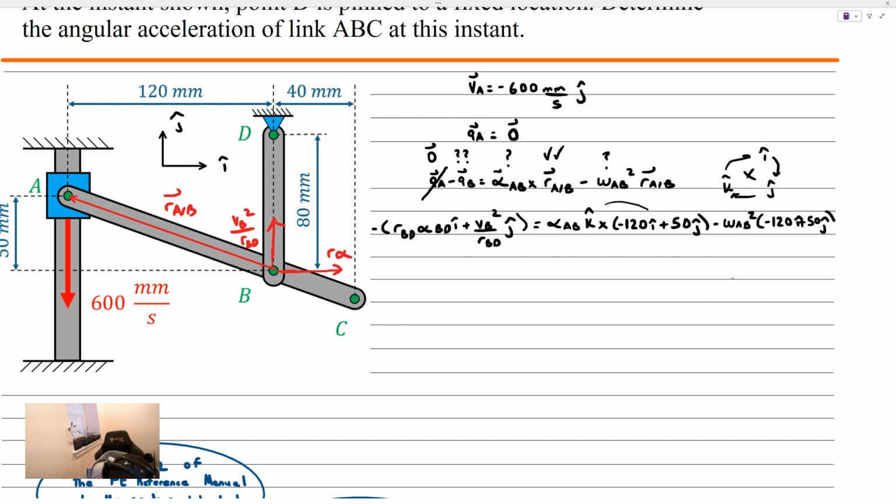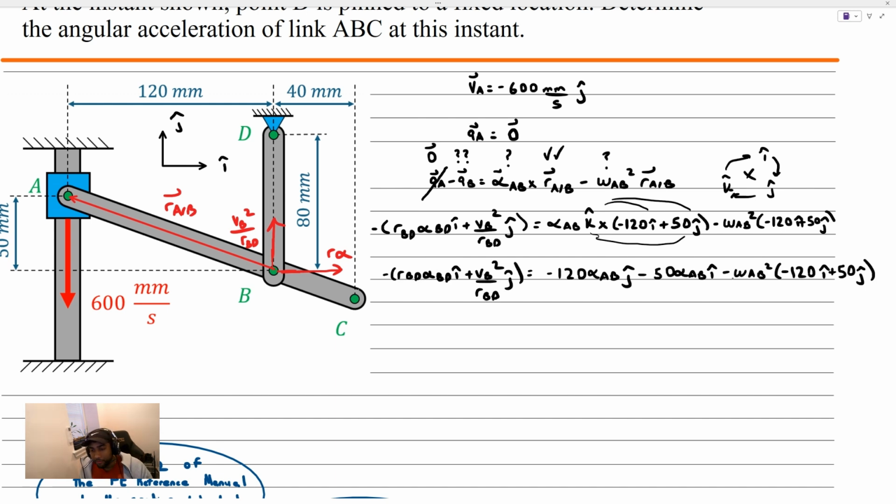So that k we can distribute to the i and distribute to the j. That's equal to negative 120 alpha AB, and we know that k cross i is just j. And then here we know that k cross j is just going to be negative i. So we end up with negative 50 alpha AB pointing in the i direction. And I'm going to just fill in the rest of the equation. There's no more cross product to do. So I'll come right back.